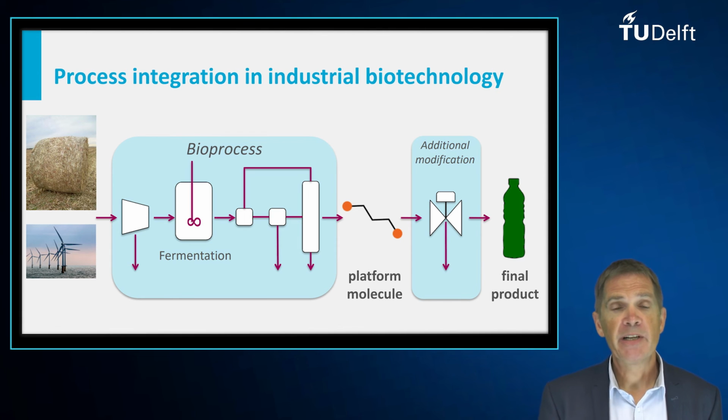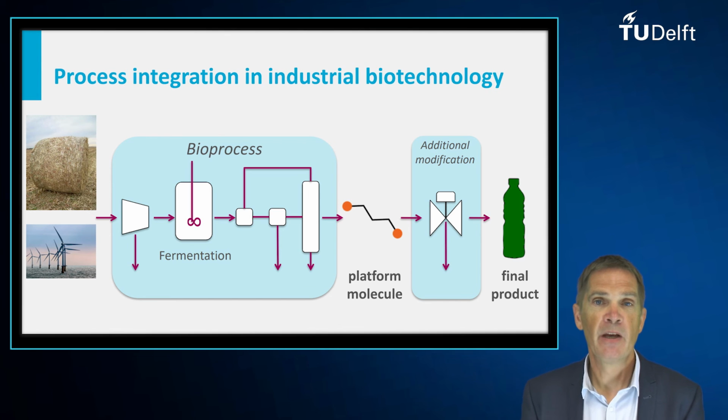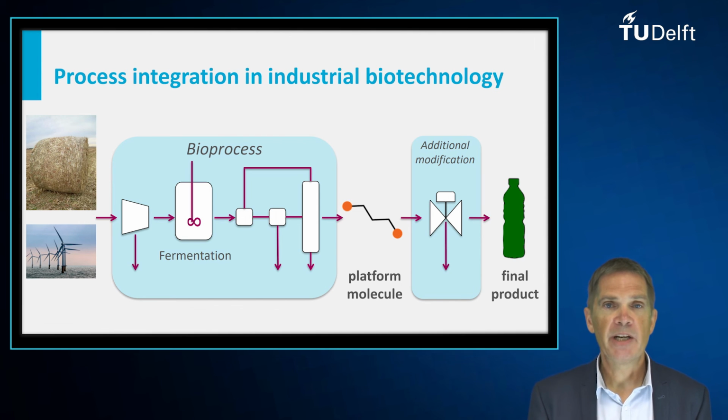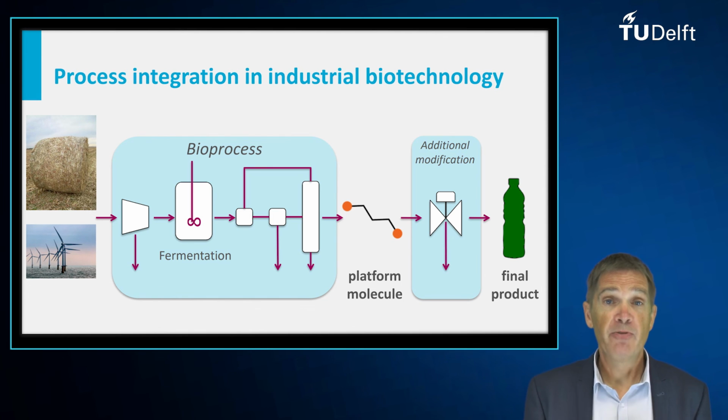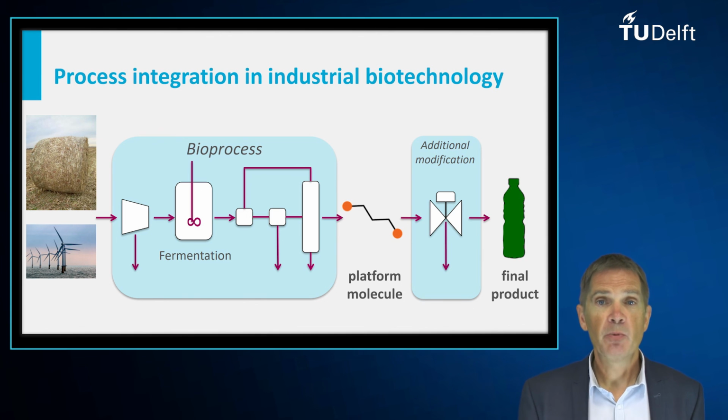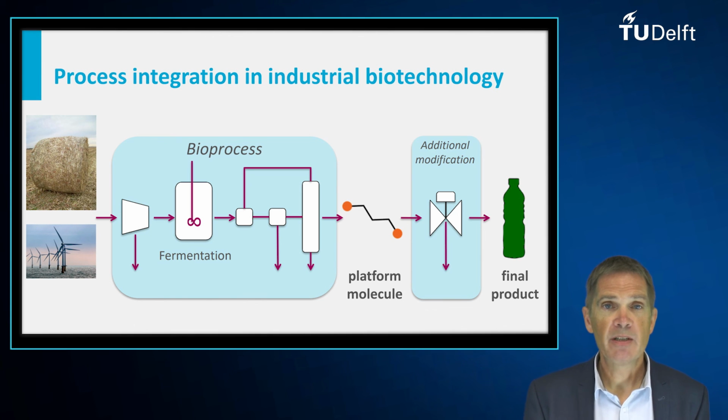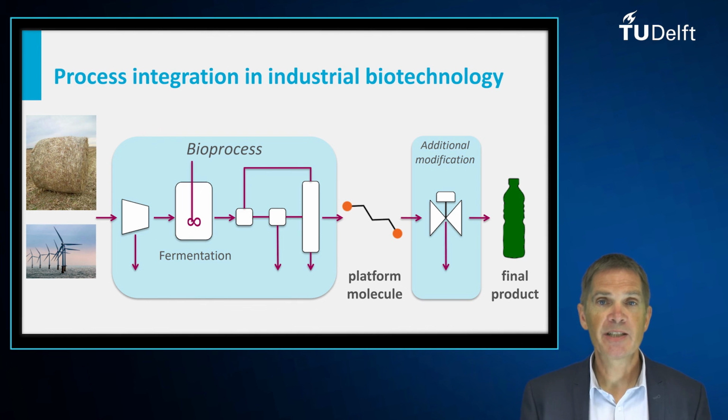Together, these unit operations convert raw materials into the final product. Efficient and robust integration of these different unit operations may impose additional design criteria that, in the case of bioreactors, go beyond performance of the microbial cell factory. Later in the course, you will be introduced to the important discipline of bioprocess integration.